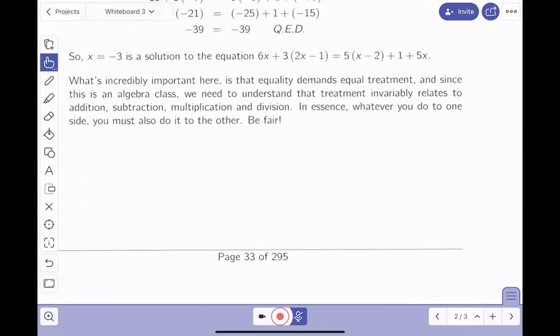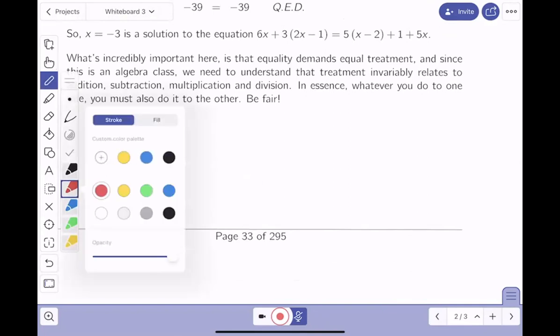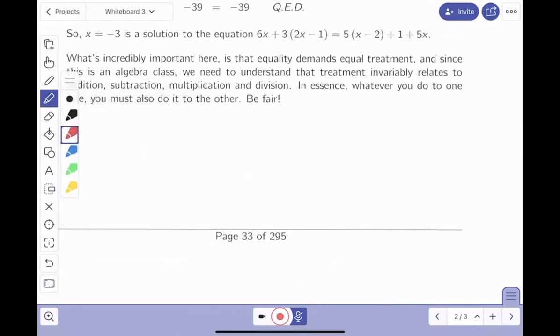So it's really kind of important that you understand what we just did. All right. So incredibly important here that equality demands from you. Write this down for you. That equality demands equal treatment. I can't say this enough times. Equality demands equal treatment. And by the way, it's an algebra class, so our equal treatment is going to be this: whatever you do to one side, do to the other.